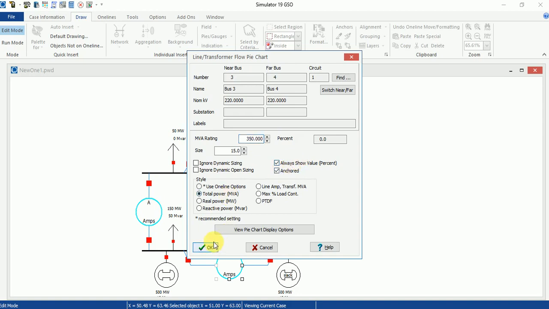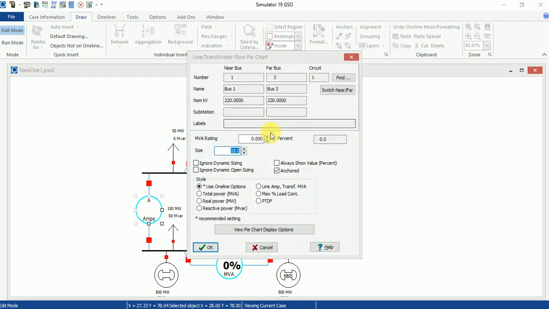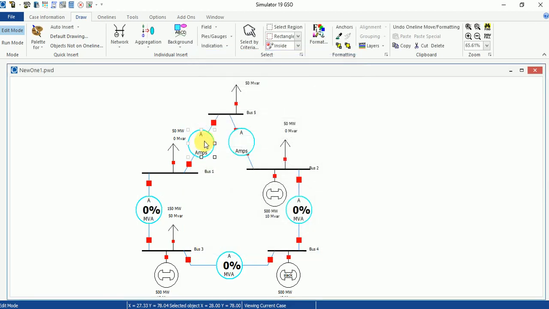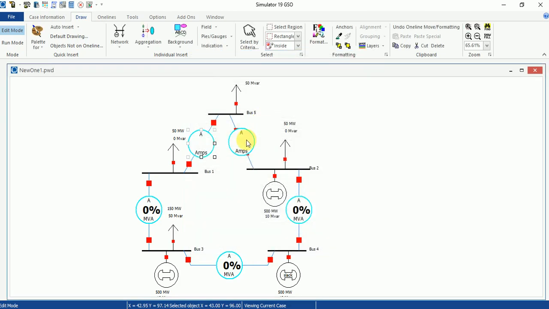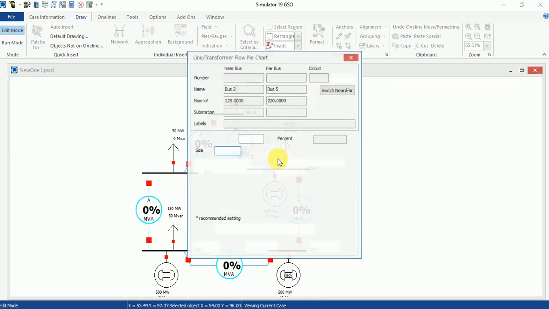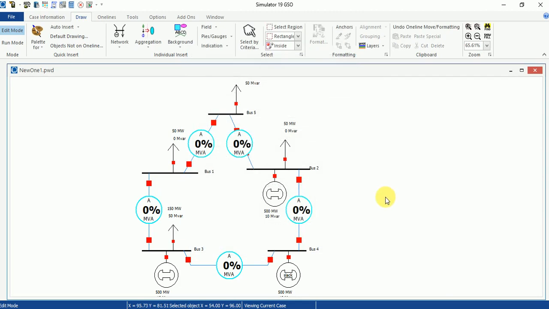Always show value and the total power in MVA, so it will show the value of total MVA. Okay, so our system has been completed.